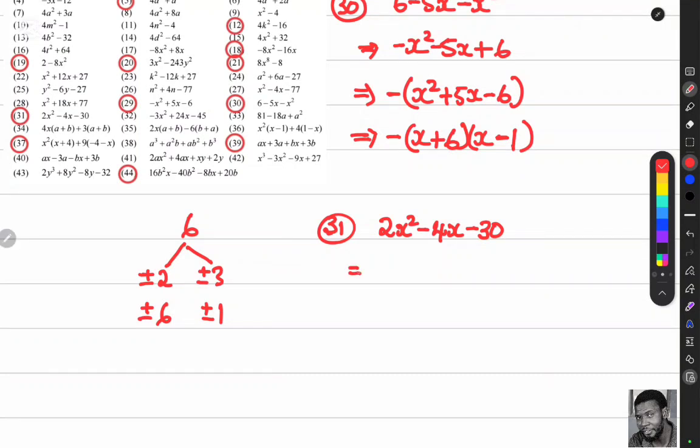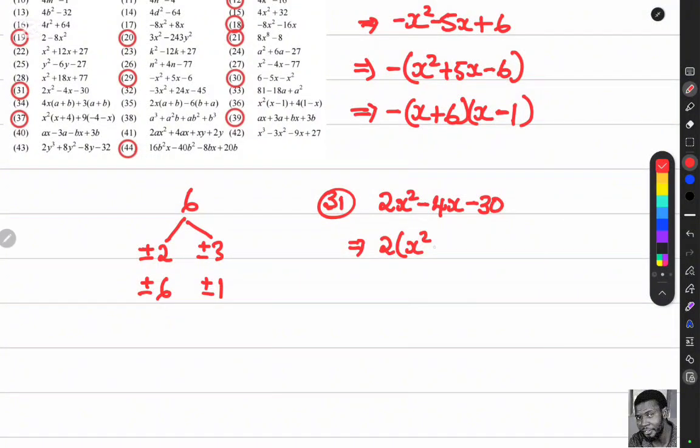You need to factor out the 2. Remember, with the highest common factor, each term there will have to be divided by the highest common factor. In this case, we've got 2, so each term would be divided by 2. So this is what we're going to have: 2 into (x squared minus 2x minus 15).